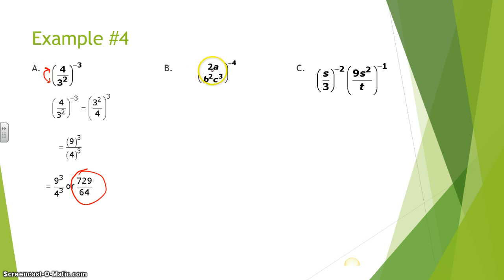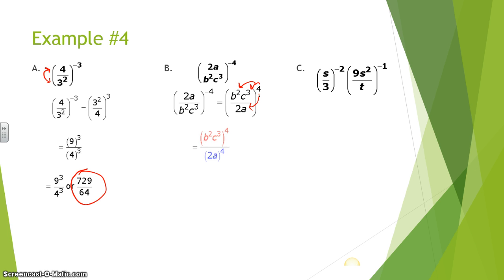Looking at B, we have 2a over b squared c to the third power, all raised to the negative fourth power. So what we have to do is take the reciprocal here, so we have b squared times c to the third over 2a, all raised to the positive fourth power. Now we need to distribute that power of 4 to each exponent inside the parentheses.